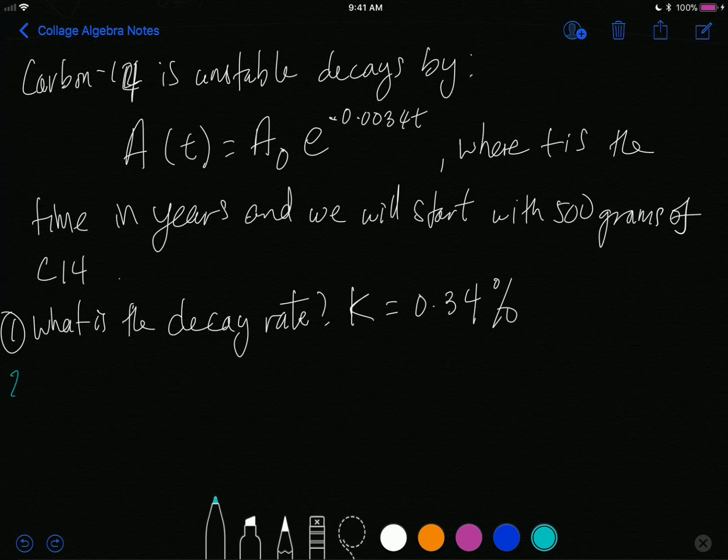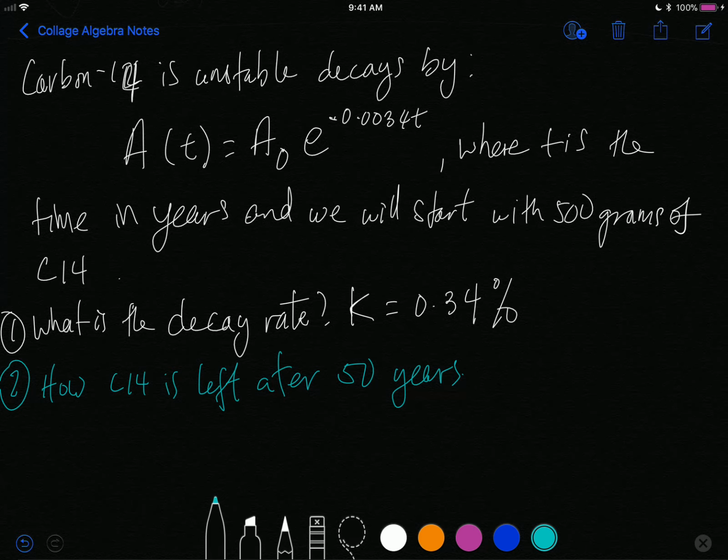So how much C14 is left after 50 years? Now the key thing right here is because this is negative, we will be losing carbon. It's not a growth, it's a decay. And so that's why they say how much is going to be left after 50 years. And so you find the amount of carbon after 50 years.